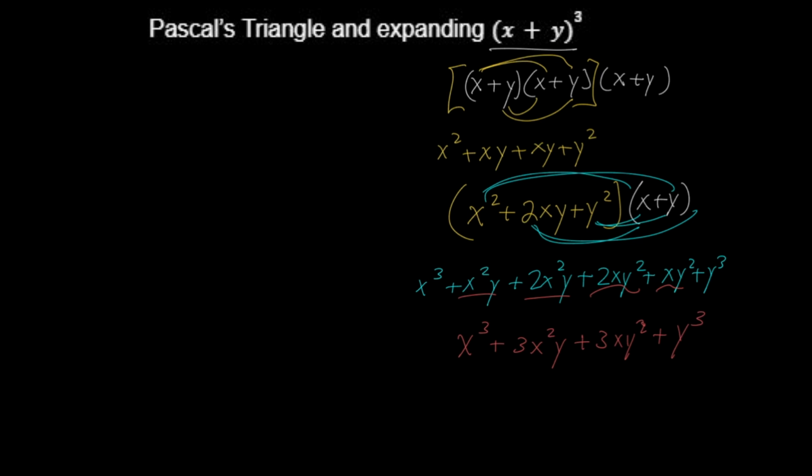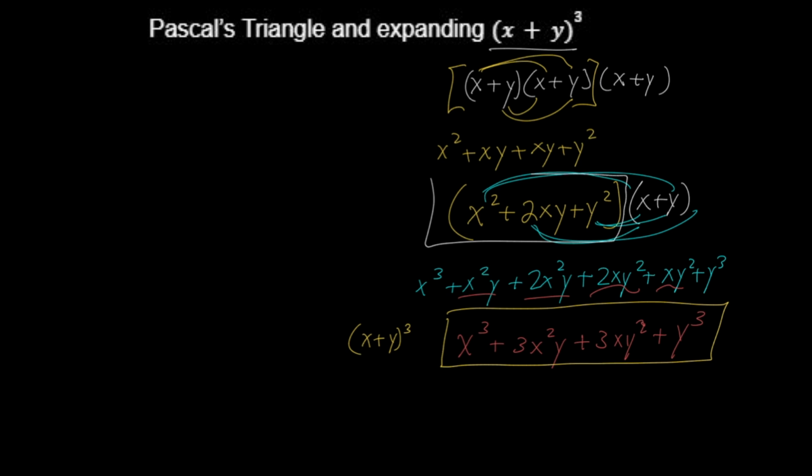Now if we take a closer look at some of these lines here, this line right here is x plus y to the third, the sum of x plus y to the third. Now this spot right here was just two of our factors, so it's x plus y squared. And then of course we have just x plus y to the first.